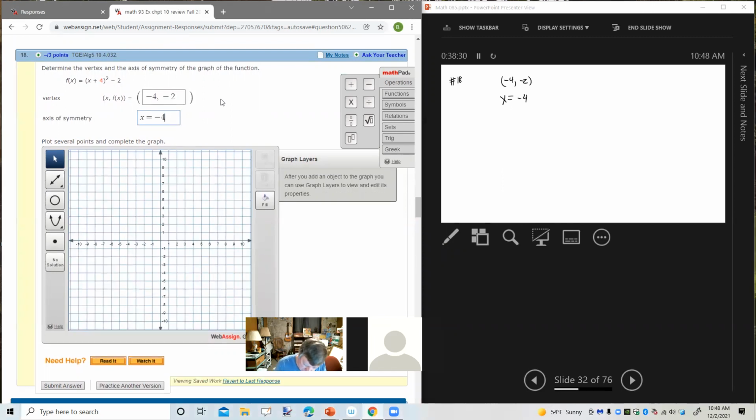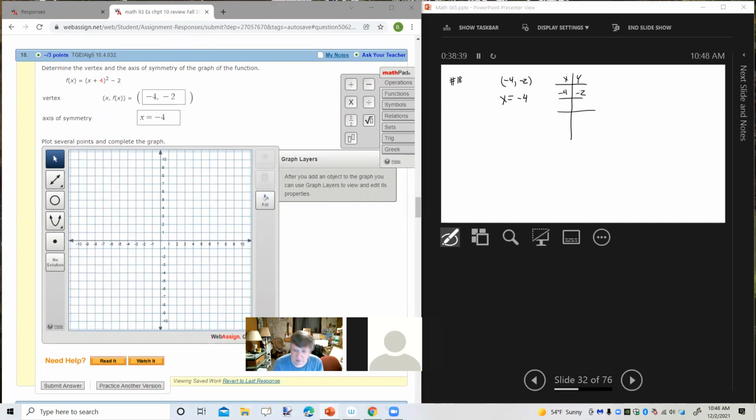What we need to do is, we've already got 1 point. We need a second point to use to graph, but the first point needs to be the vertex. Let's see, our equation, f of x equals the quantity x plus 4 squared minus 2.